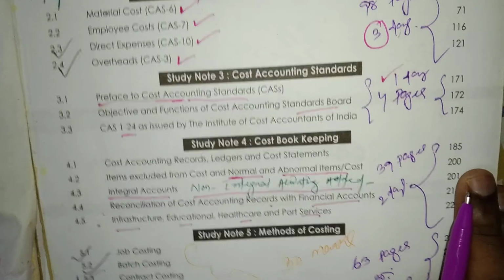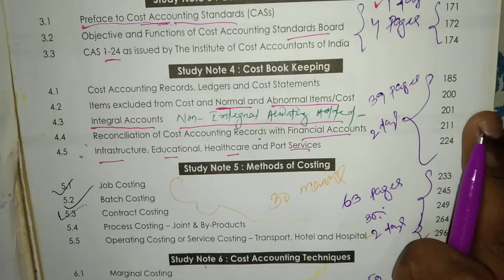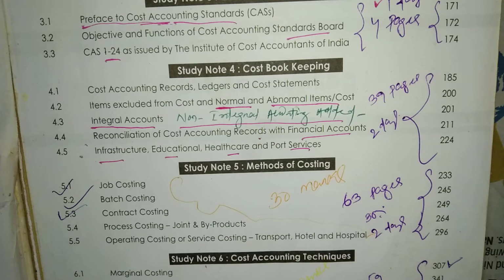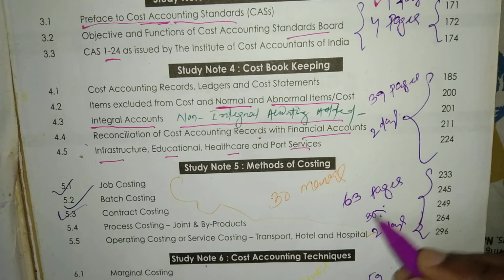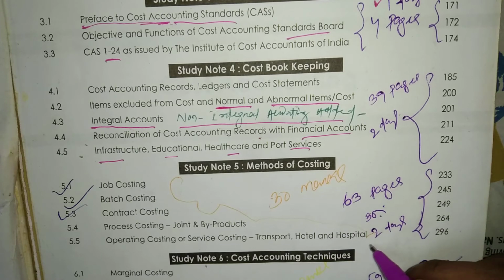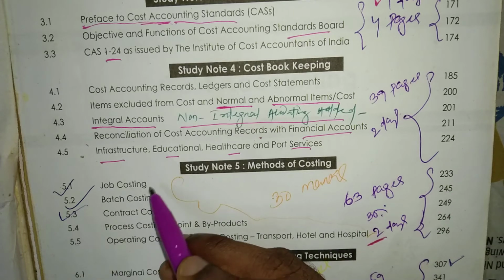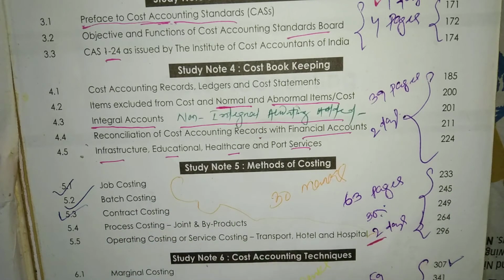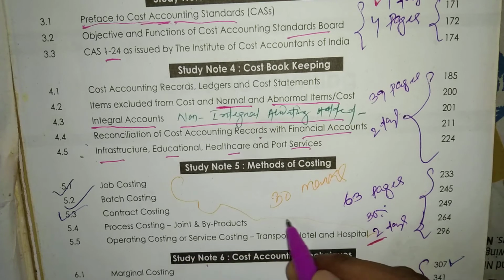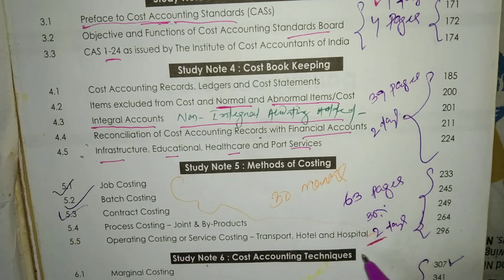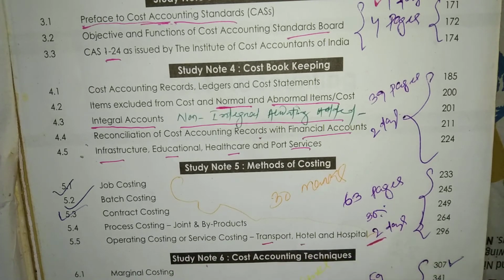Okay, then study note number 5, that is methods of costing, 63 pages are there. At least 2 days required to revise methods of costing: job costing, batch costing, contract costing, process costing, joint and byproduct, operating costing and service costing, transport, hotel and hospital.